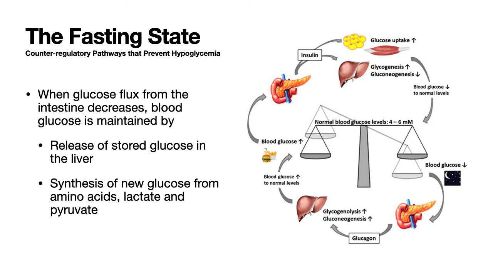If you are able to take up glucose, if you are able to capture glucose in the form of glycogenesis, and if you are able to prevent the formation of glucose through gluconeogenesis, that will reflect as lowering of blood glucose to normal levels.